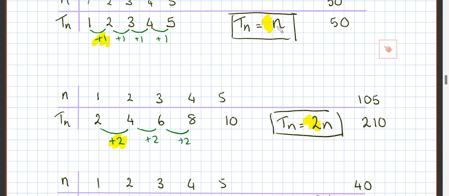Do you notice what it's not? It's not n plus 1 or n plus 2 or n plus 3. Every time I say it's not n plus 1, everyone goes, yeah, it doesn't make any sense to do that.